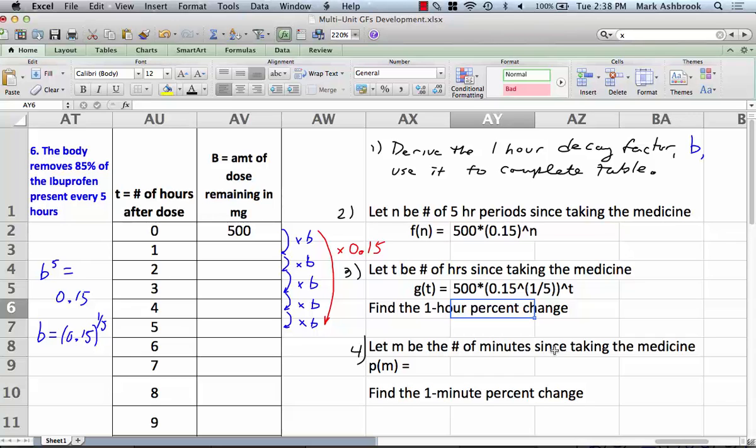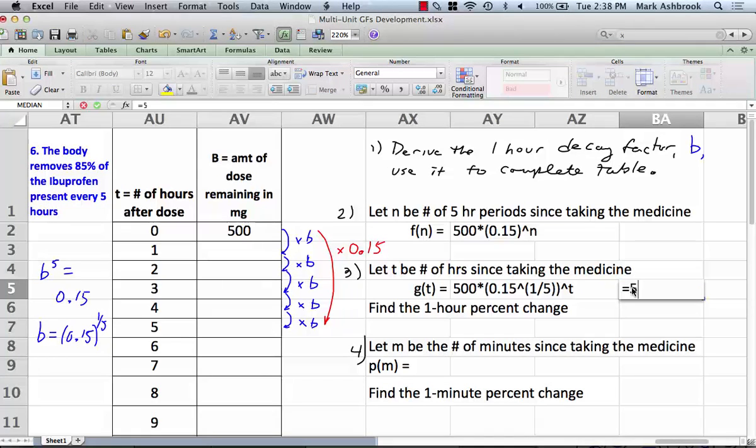And so notice that we could also write this as 0.15 to the what? Yeah, t over 5.